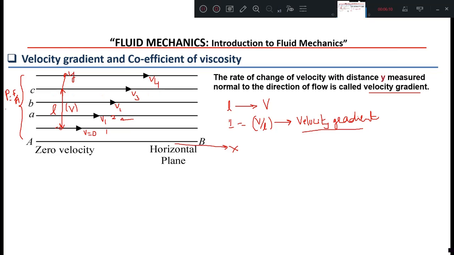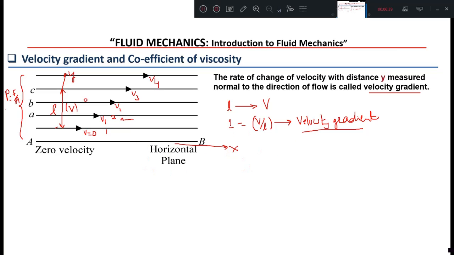If we take the relative velocity between the two layers, then a velocity gradient exists. For a length L, the velocity difference is V, so for a unit length the velocity difference will be V by L, which is called the velocity gradient.